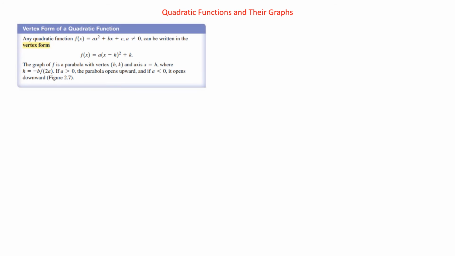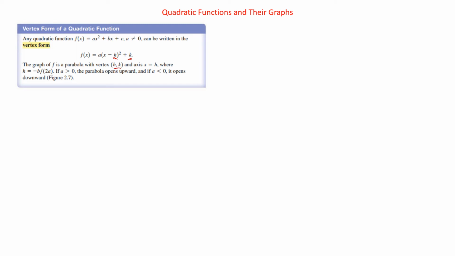We have a couple forms of the quadratic equation. The first is the vertex form, and this actually comes directly from transformations of the parent function y equals x squared. So we've moved it over h and up k, which puts the vertex at (h, k).